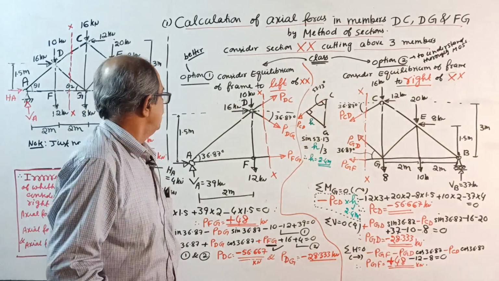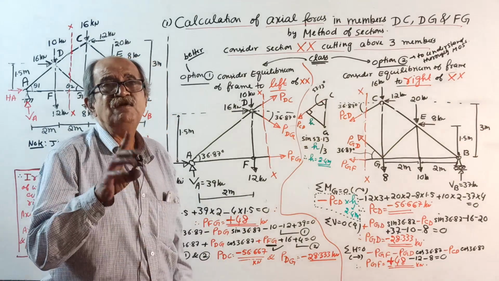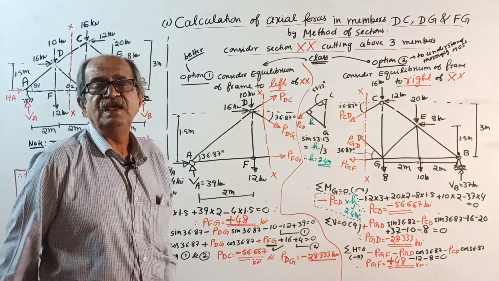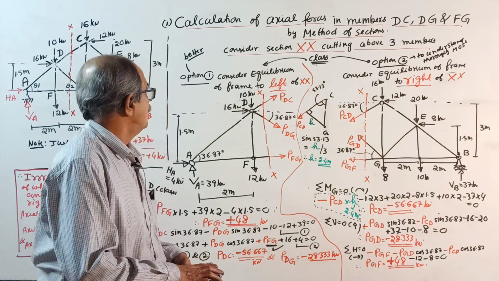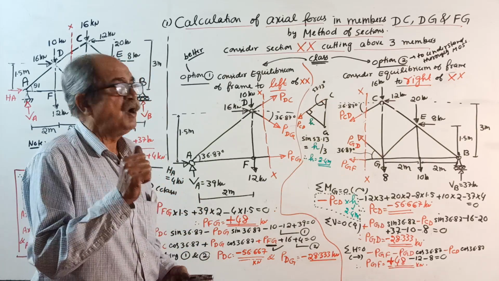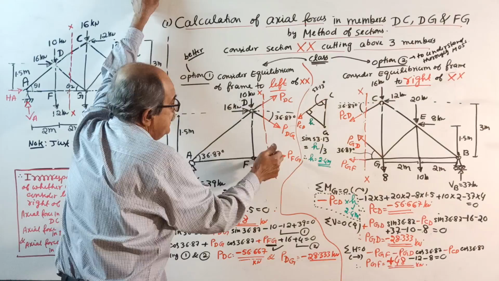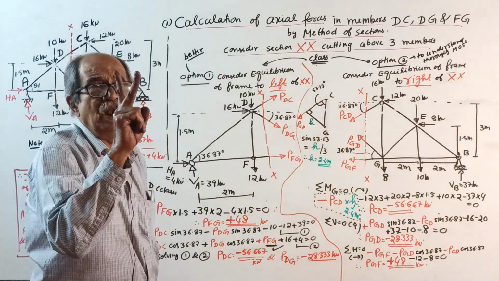Now first decide: apply the three equilibrium conditions in order. Always first apply sigma M equals 0. Sigma M about which point? Among the three unknowns, see where two unknowns are meeting.